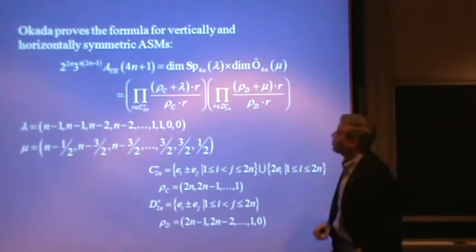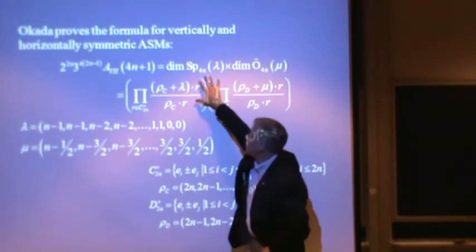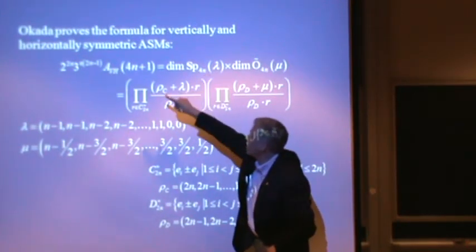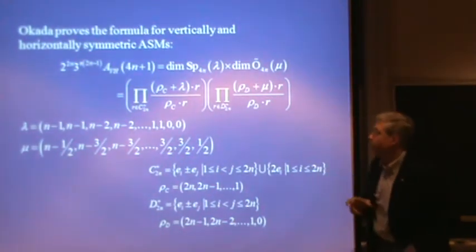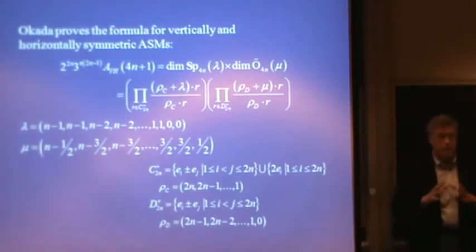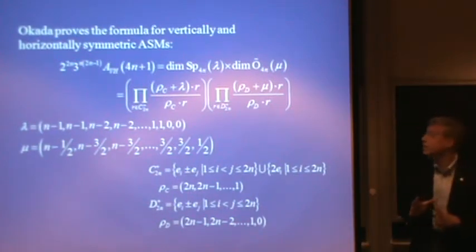And Okada also managed to prove a couple of additional identities. In particular, he was able to prove Robbins's conjecture for the number of alternating sign matrices that are both vertically and horizontally symmetric.